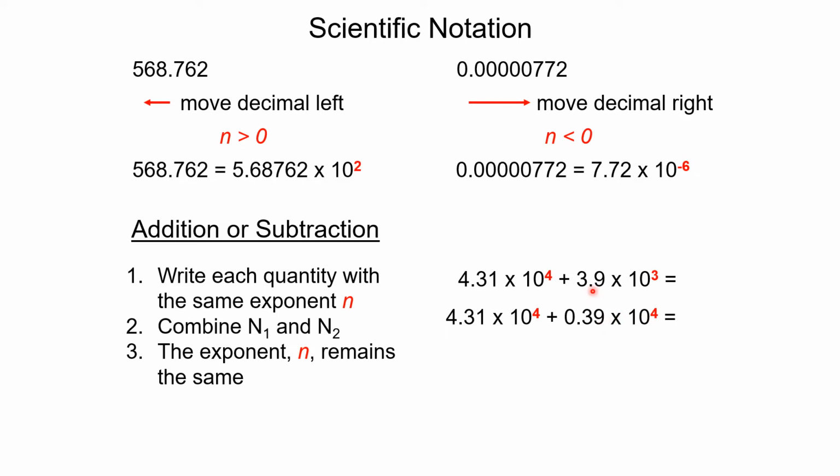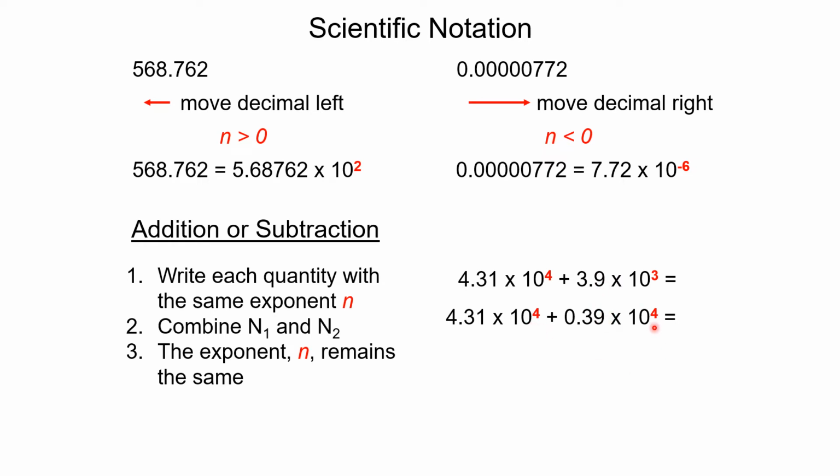So here I have made this part of the value smaller by going from 3.9 to 0.39, made it smaller by a factor of 10. To keep everything equal, then I've got to make it greater by a factor of 10 over here. So that goes from 10 to the third to 10 to the fourth. So this piece, 3.9 times 10 to the third, and 0.39 times 10 to the fourth are the same quantity. They are exactly the same.